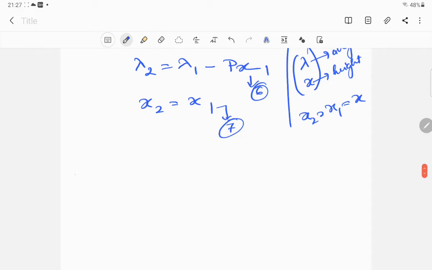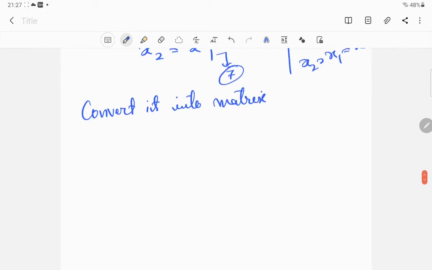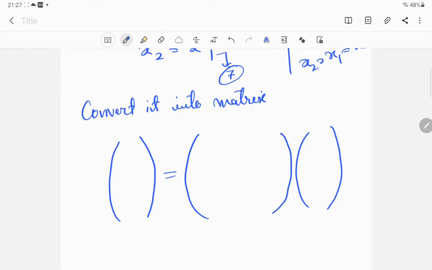Okay, now we will convert it into matrix form. So what do we have? Here we have the final matrix, here we have the initial matrix, and here we have the refraction matrix.